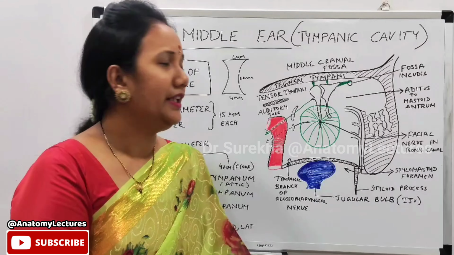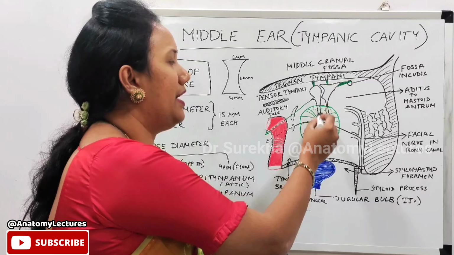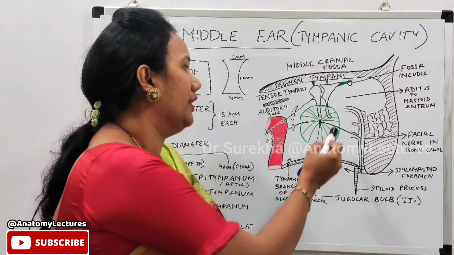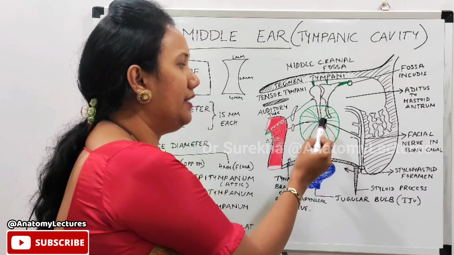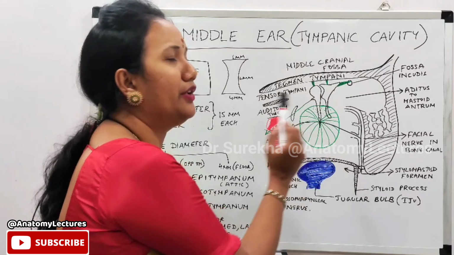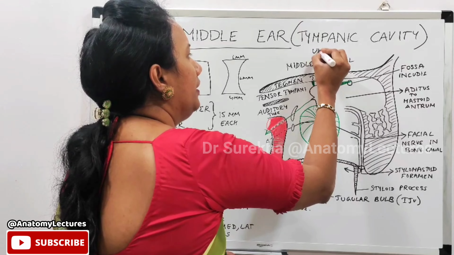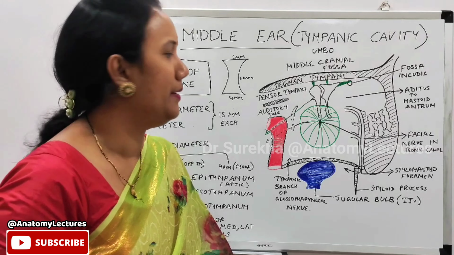Beneath the tympanic membrane, you can see the handle of the malleus and the long process of the incus. The point of maximum convexity which projects into the middle ear cavity is referred to as the umbo, the point of maximum convexity of the tympanic membrane.